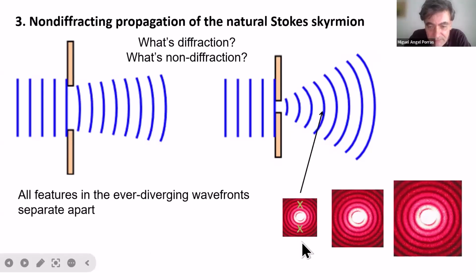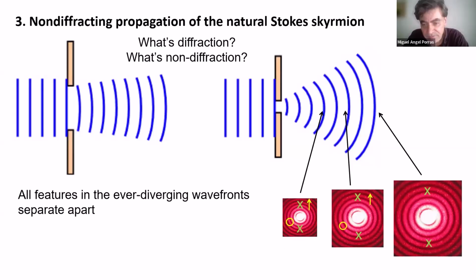For example, these two zeros of the intensity pattern separate as they propagate up to the far field, and also the polarization features, which we have here: linear polarization, circular polarization, and this polarization texture also diffracts. Also, all features separate apart.